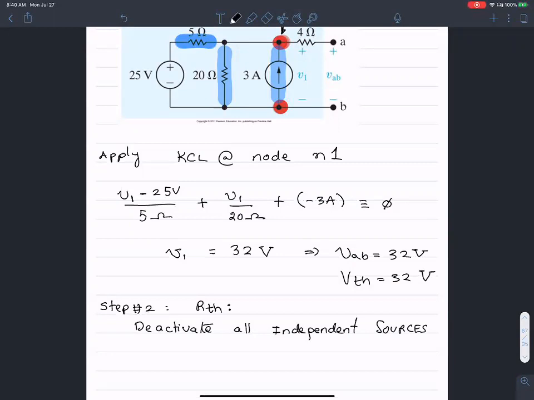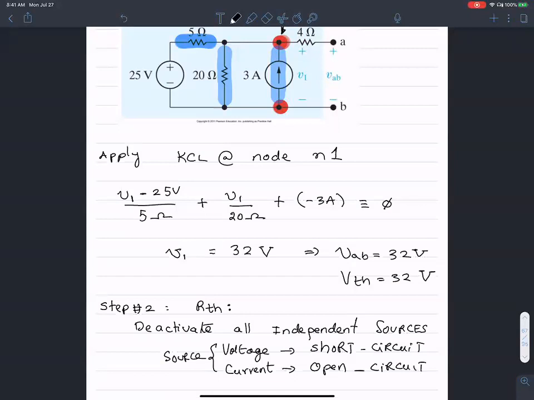What do I mean by that? All I simply mean is, if you see an independent voltage source, replace it with a short. If you see a current source, replace it with an open circuit.